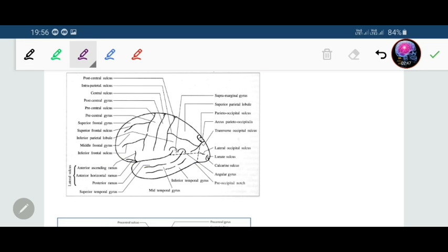Central sulcus of Rolando. It begins by cutting the superomedial border. This is the superomedial border.